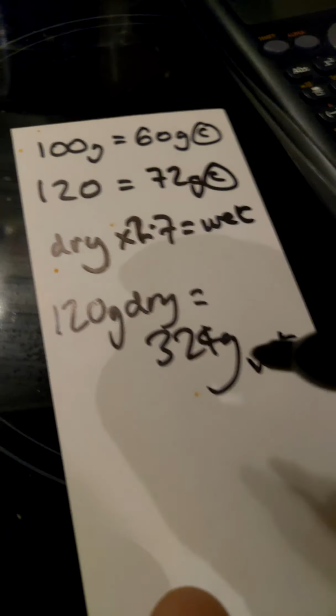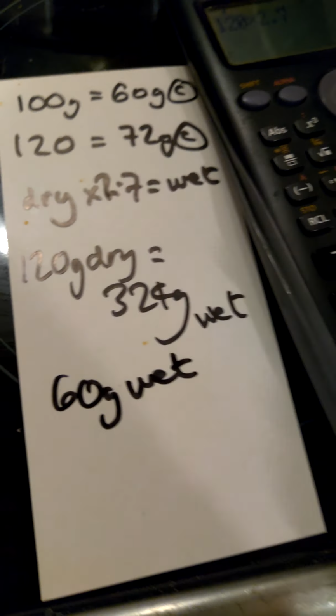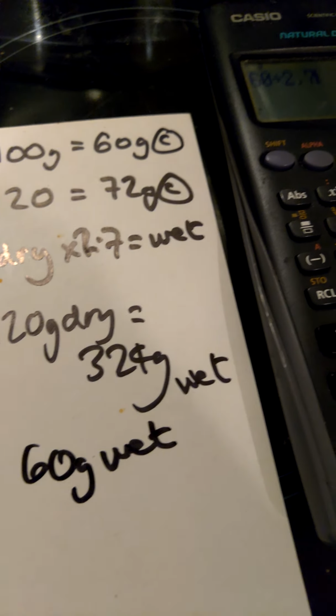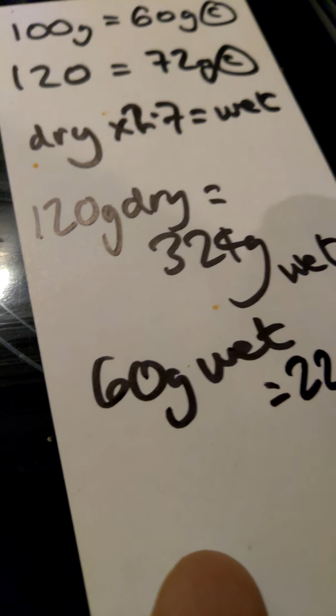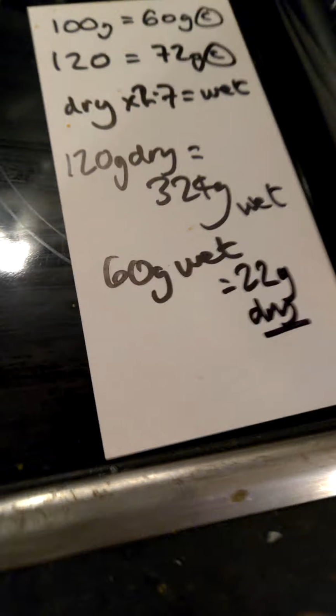So what I do then is I'll dig off a portion for my daughter, and let's say for argument's sake it weighs 60 grams wet. Well, that's already been multiplied by 2.7, so if I do 60 grams divided by 2.7, that means there was 22 grams of dry pasta that went into it.